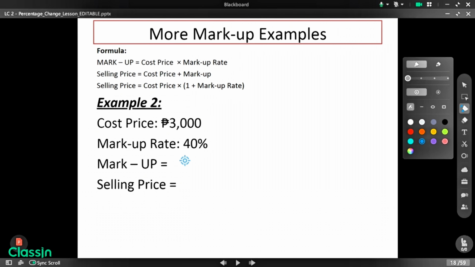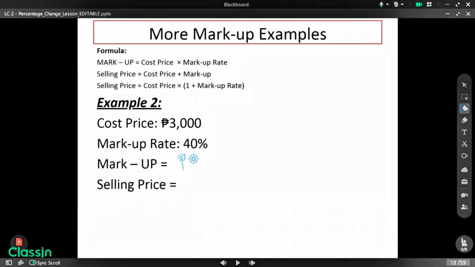For the markup, we need to multiply the cost price times the markup rate, and the markup rate is 40%, or in decimal, 0.40. The markup is 1,200.